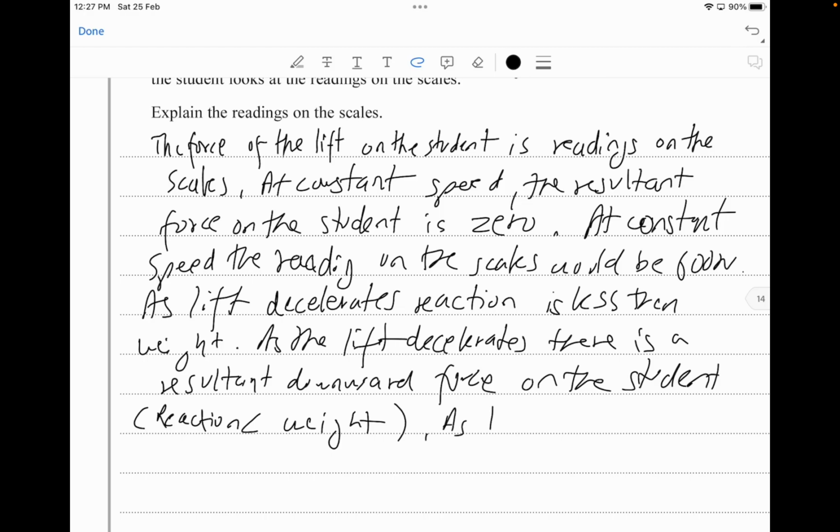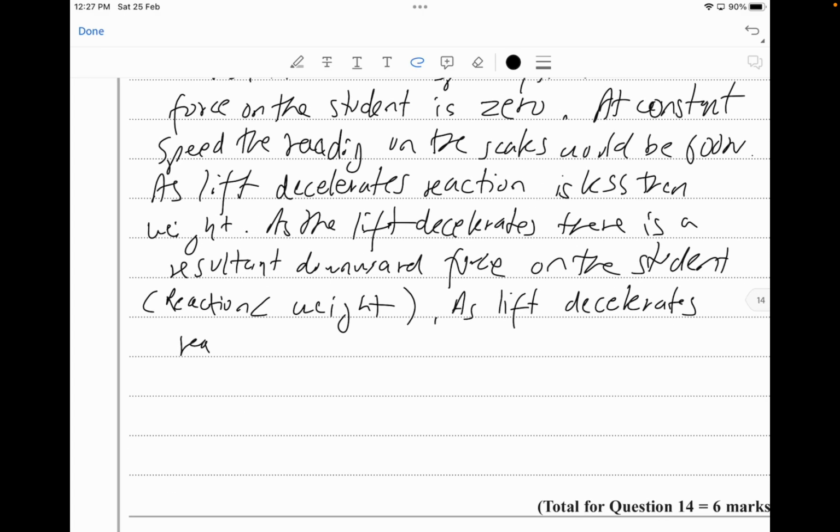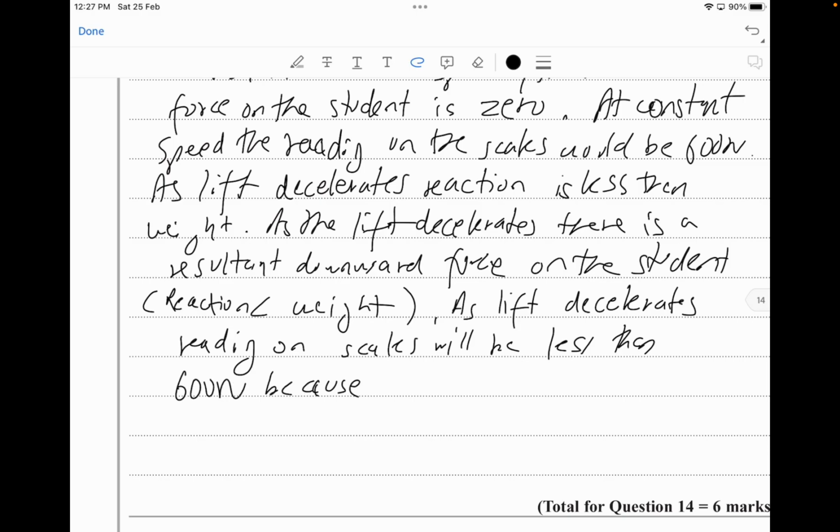So as the lift decelerates again, the reading on scales will be less than 600 newtons. Now this is because the upward force on the student is less than his weight.